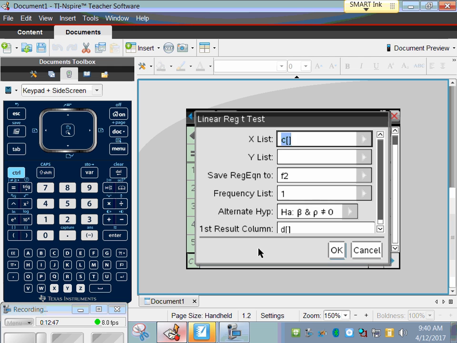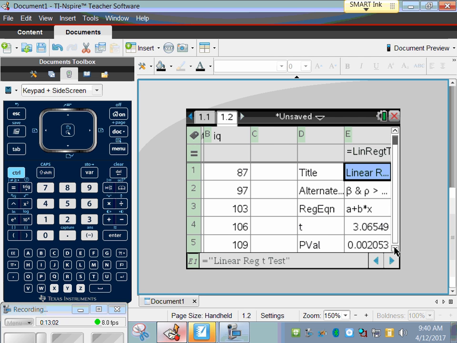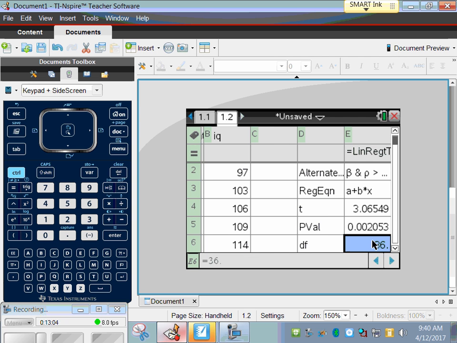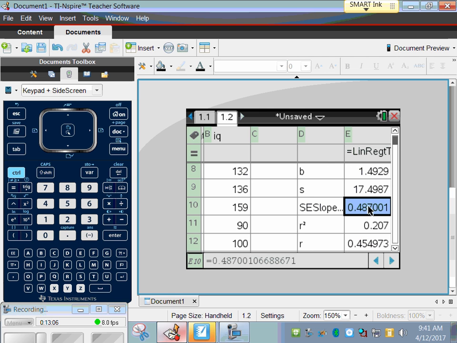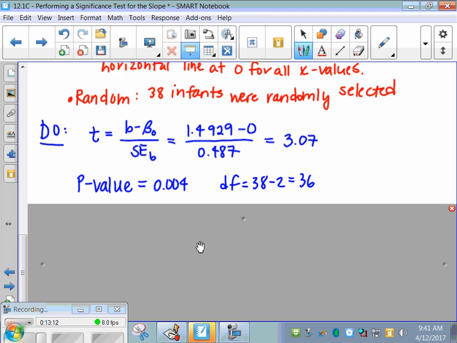Then you put your lists in: cry count was the X list, IQ is the Y, and you have to do your hypothesis. On this one, we're looking for the relationship being positive, so greater than 0. We've got our t, our p-value, our degrees of freedom, SEB, everything we need in that output. So our p-value is 0.004, and make sure you always write down the degrees of freedom.